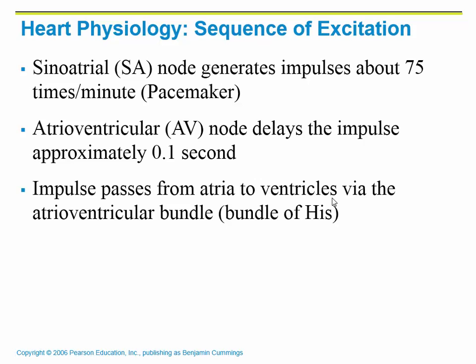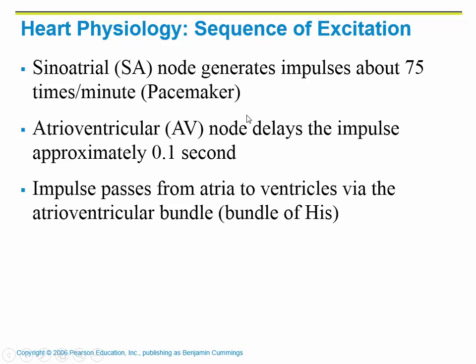Now, the sequence of excitation, you guys do need to know all of the different parts. It's fairly easy to understand what's going on, but the very first message that your heart gets from your brain goes to the sinoatrial node, or the SA node. We also call this the pacemaker.